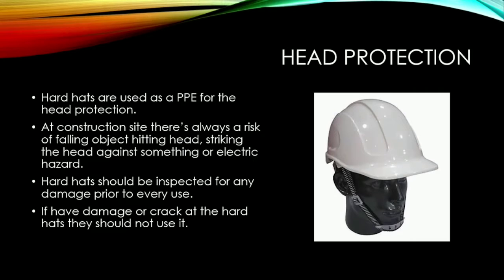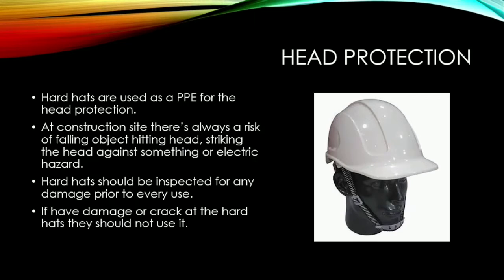First, head protection. Helmets are used as PPE for head protection. At the construction site, there is always a risk of falling objects, hitting the head, striking the head against something, or electric hazard.